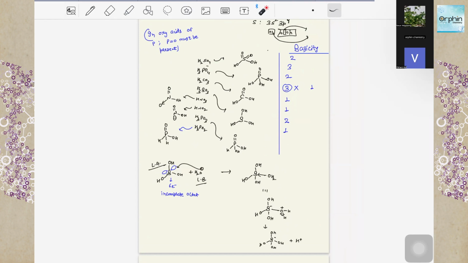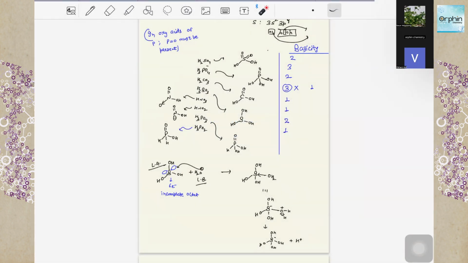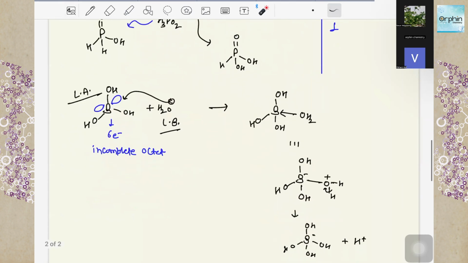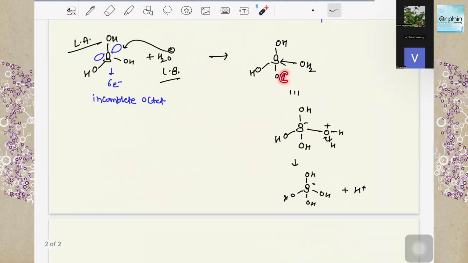So except H3BO3, in all the cases, hydrogen which are connected with oxygen, that is the basicity. For H3BO3, basicity is 1. Why 1? Because when we place it into the water, it will be accepting the lone pair because it is electron deficient. And then it will not be losing these H plus, it will be losing this H plus, right? So its basicity is coming as 1. Have you understood up to here?